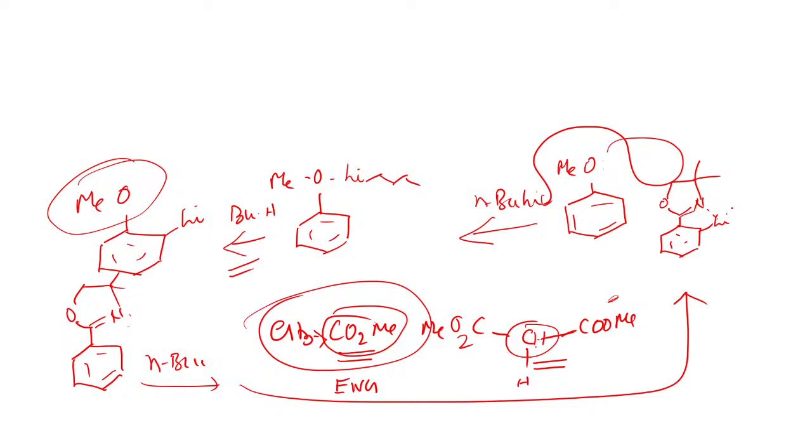Whenever you have a chelating group like imine, amide or ether, they can assist and you can try to make the ortholithiation.